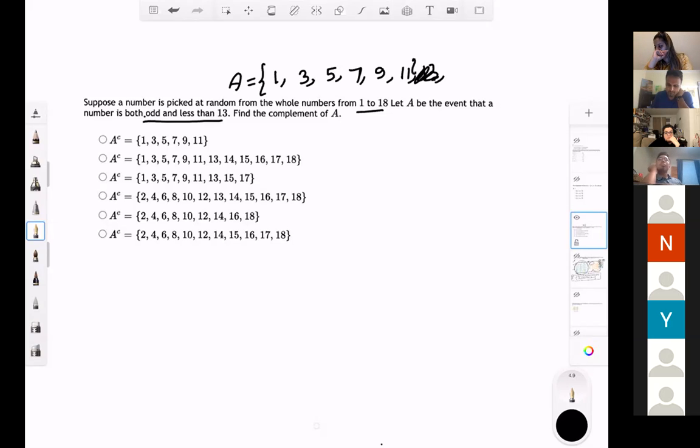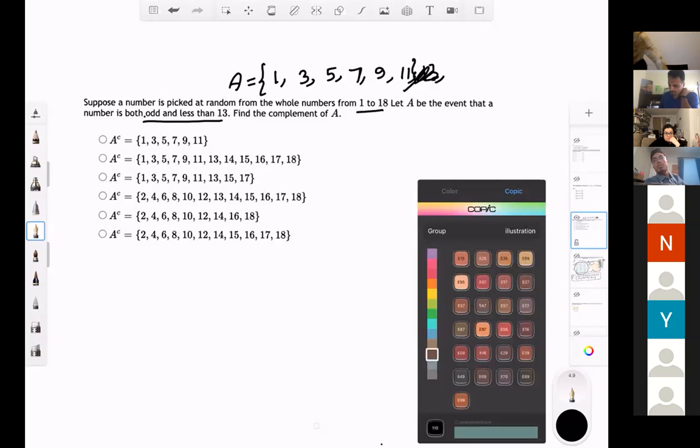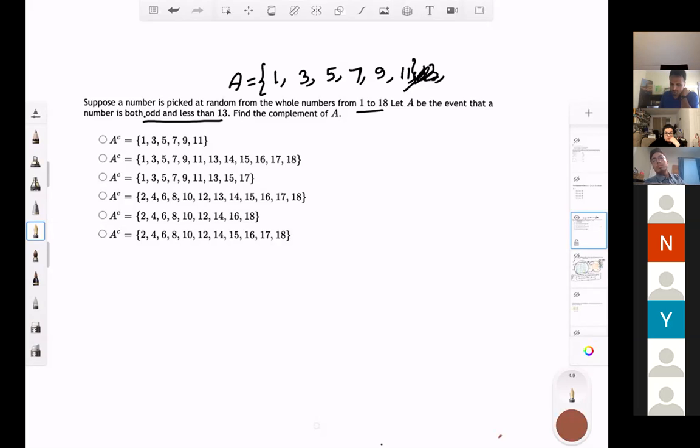So this is the event A. But we want the complement of this. We want something that's not in it. So we're missing 2, 4, 6, 8, 10. Then we have 12, 13, all the way to 18. I think this one is correct.